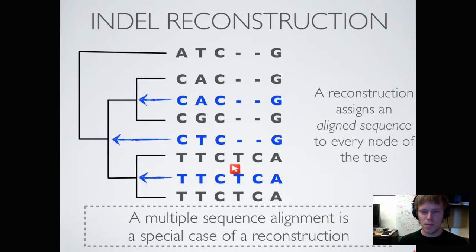Most obviously, these two are related by a reconstruction being a more thorough reconstruction of the events, so that a reconstruction contains a multiple alignment within it if you don't look at the sequences at the internal nodes.